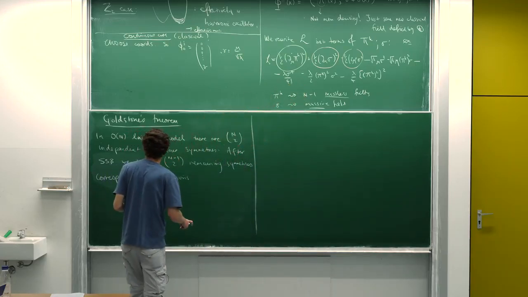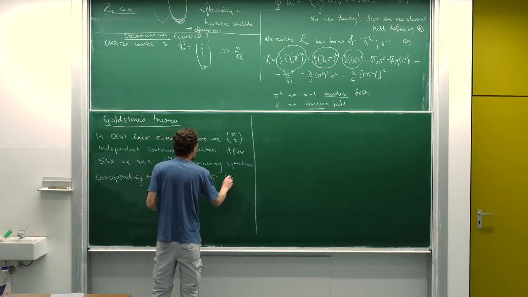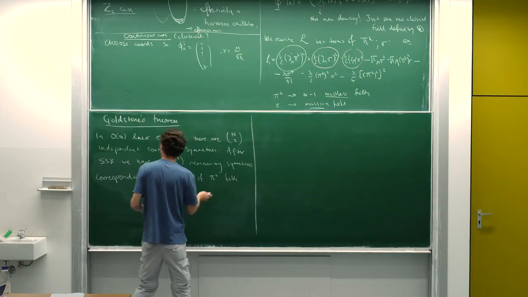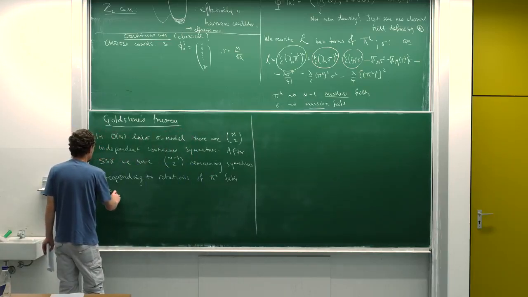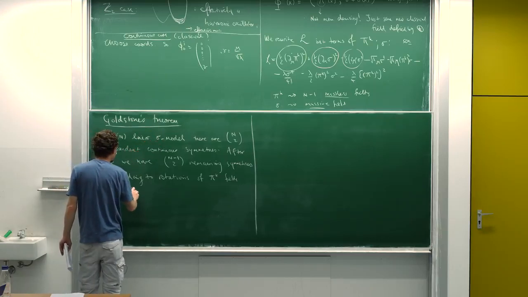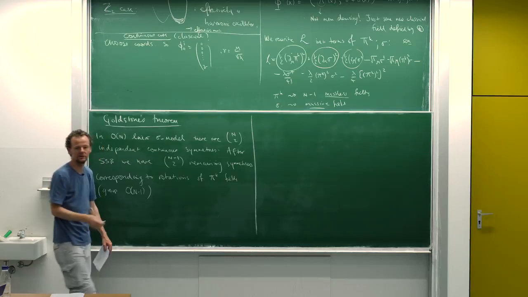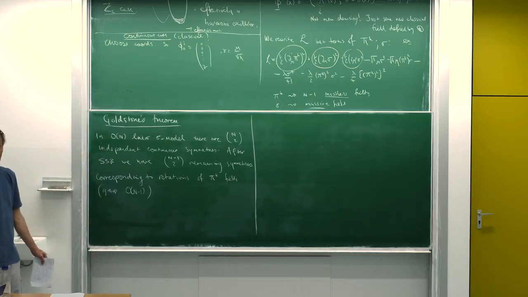Right? So the group of manifestly obvious symmetries of this Lagrange density is O(N minus 1), the rotations amongst the pi fields. But there's no obvious symmetry between the sigma and the pi fields.